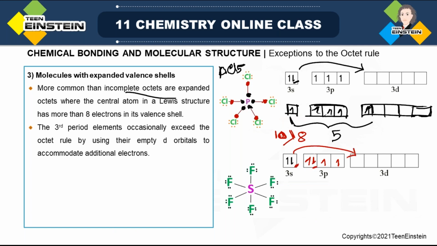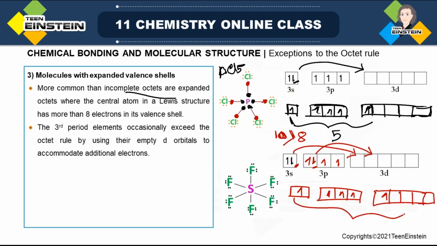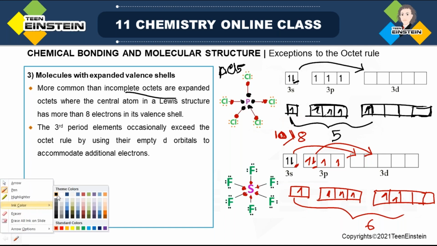So this will be shifted here. After shifting, the electronic configuration will be like this: 3s, 3p, and 3d. So now the total number of unpaired electrons is 6. These 6 electrons will be used for bond formation with 6 fluorine atoms, and from each fluorine 1 electron will be coming.